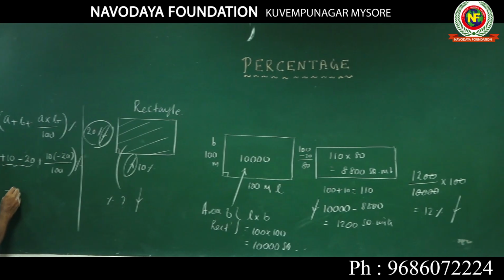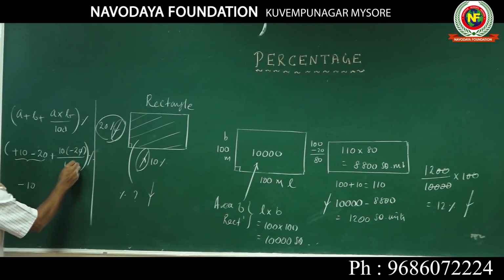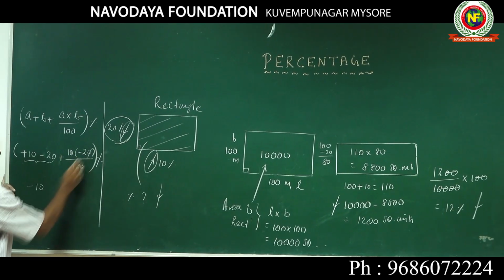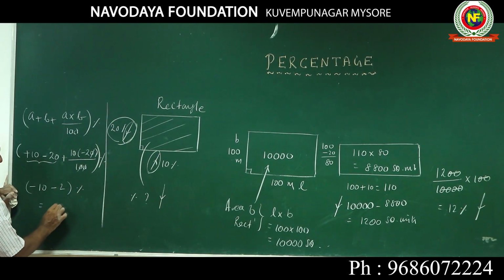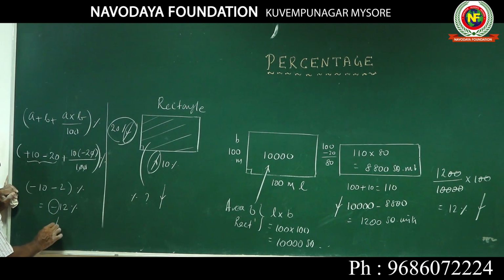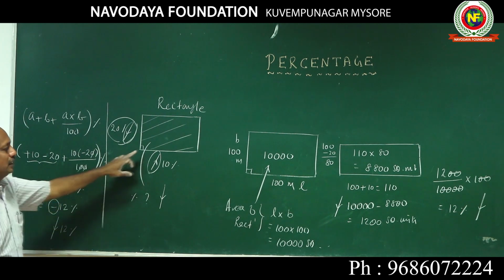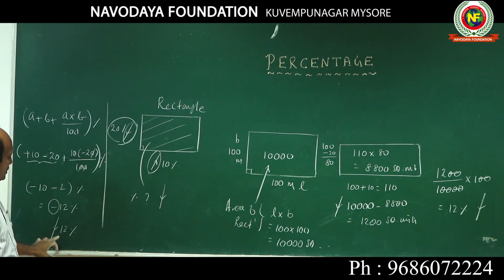Now this value is minus 10. Two zeros get cancelled. Plus into minus is minus. So we get minus 12%. What does this minus represent? Decrease in area. Therefore, the area is decreased by 12%.